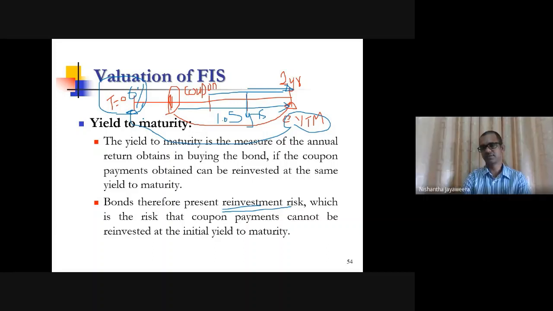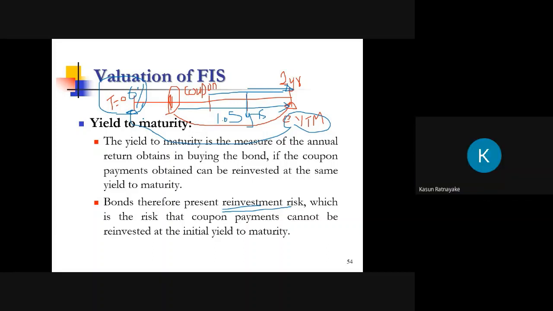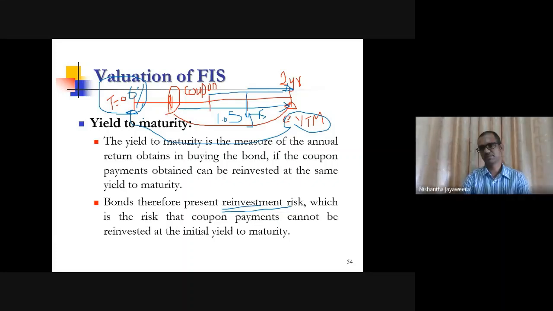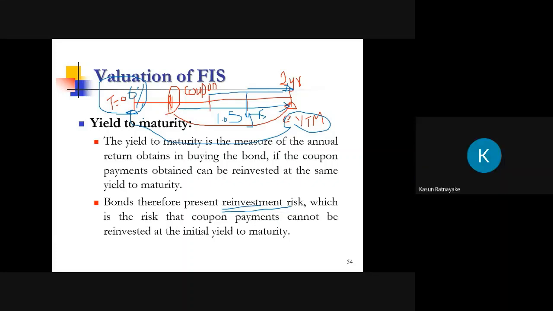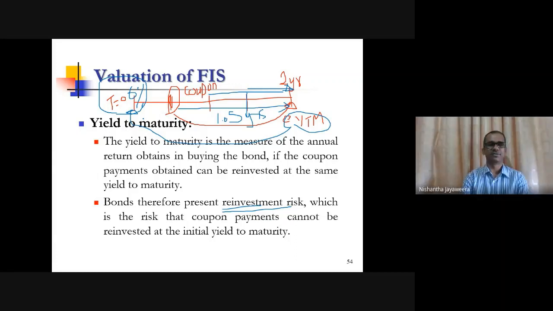If the bank uses these funds for loan growth at a different interest rate higher than the bond rate, then the scenario would be changed, no? Yes, the scenario would change.